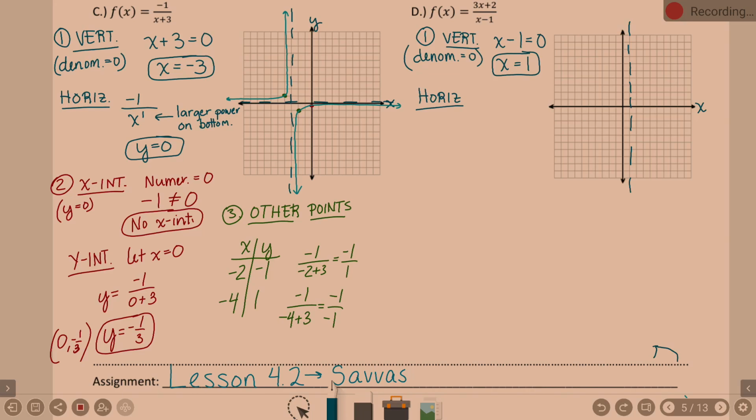What about horizontal asymptote? 3x over x. Okay, biggest powers. 3x to the first, x to the first. So we're using 3 over 1, which is 3.